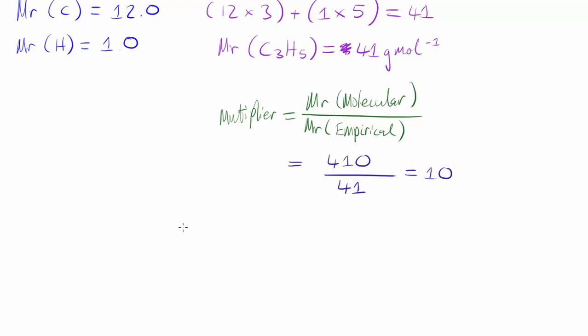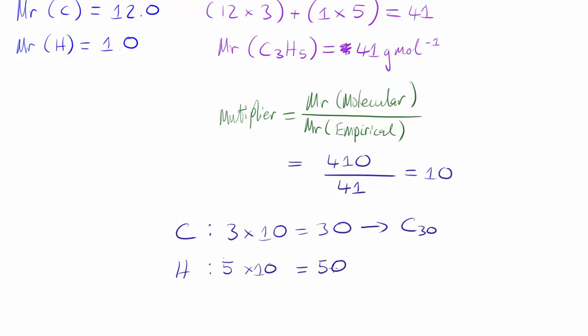Carbon, we're going to have, so C₃H₅, it's going to be 3 times 10, which is going to give us 30, and therefore that's going to be C30. In the case of hydrogen, similarly, we're going to have H5, so we're going to have 5 times 10, which is going to give us 50, and that's going to be H50.